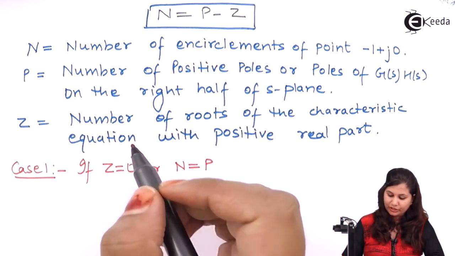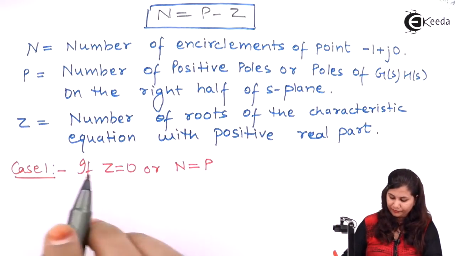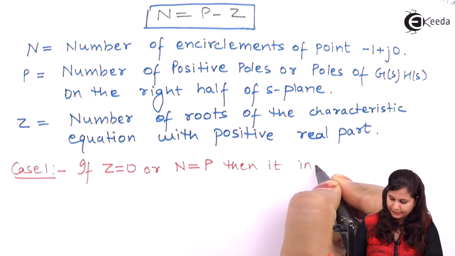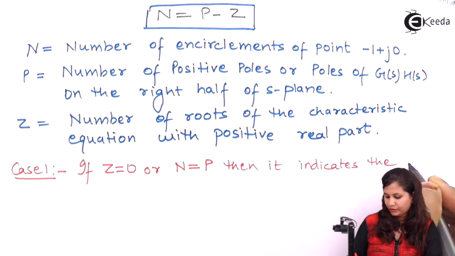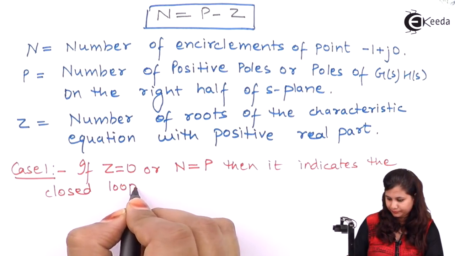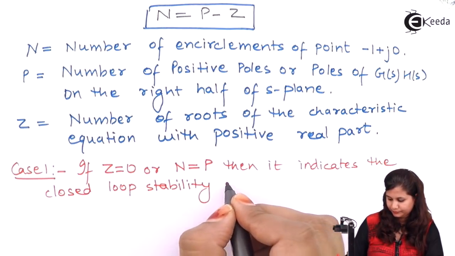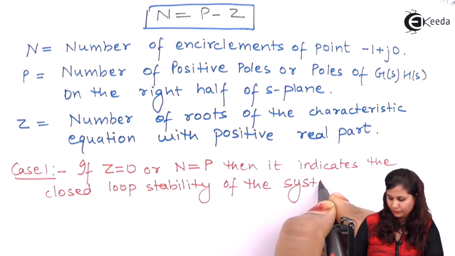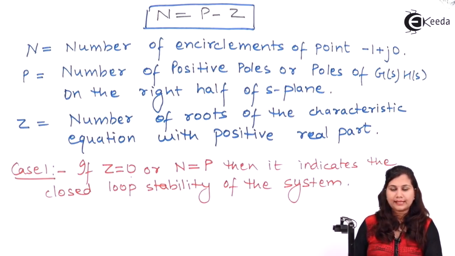So if this condition occurs, that N is equal to P and Z comes out to be 0, then it indicates the closed loop stability of the system. So if Z is equal to 0, the closed loop system is stable.